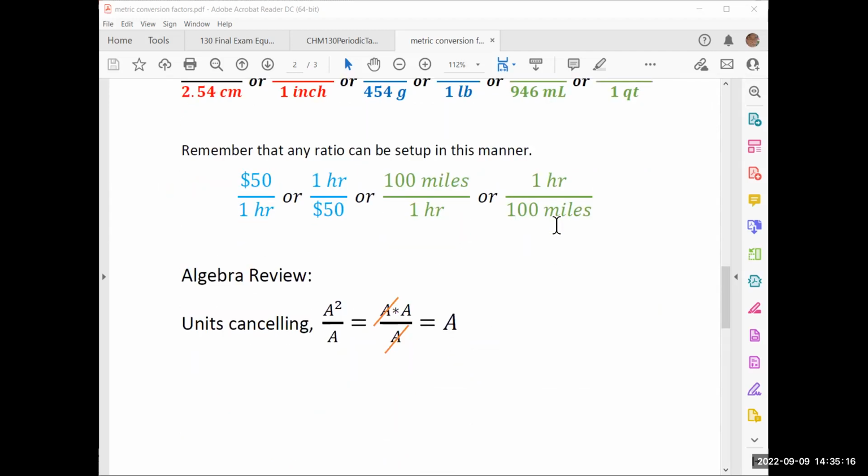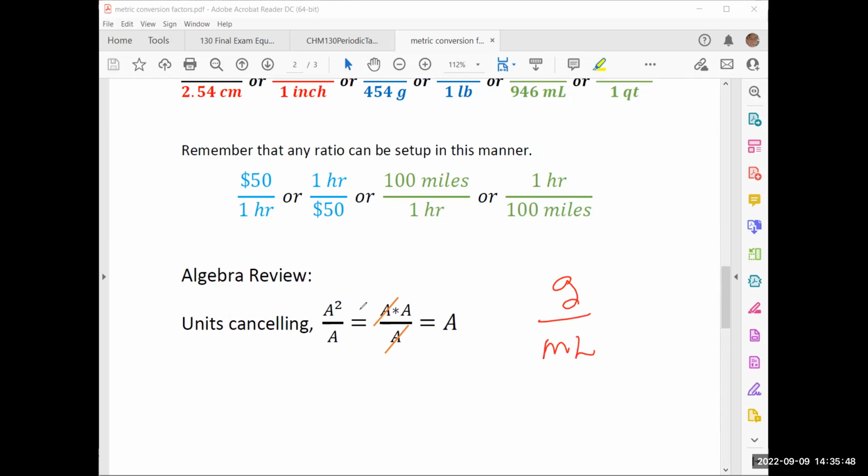And some basic algebra review, nothing complicated, just keeping in mind that if we are dividing like terms, the terms can cancel out, or if they're not like, they continue, like density, for example. You know, density normally is grams over milliliters, okay? So those are the units of density, all these grams are over milliliters.